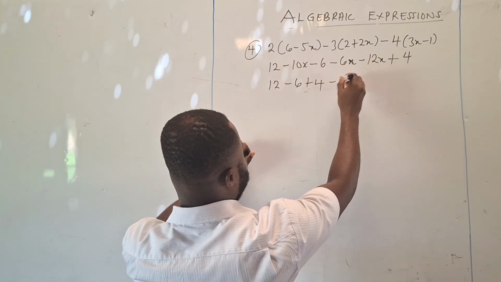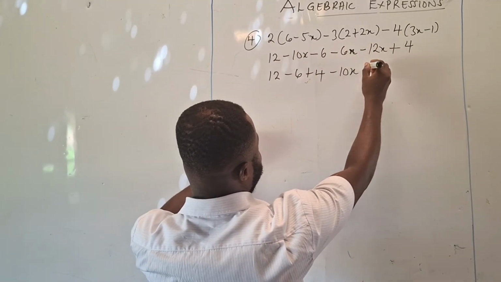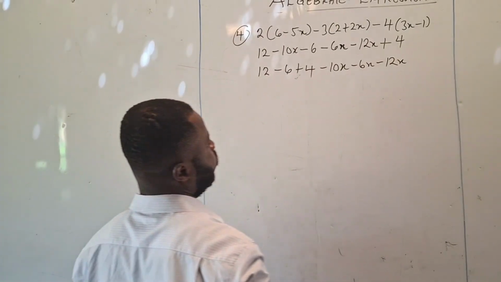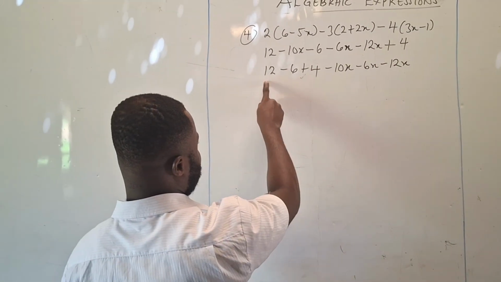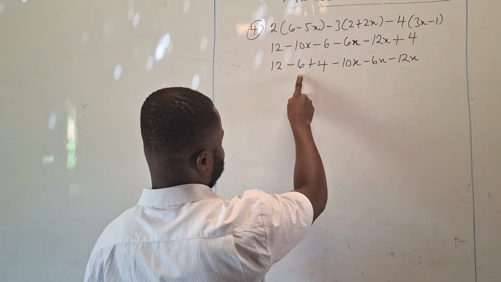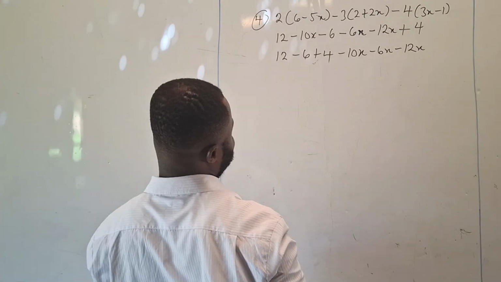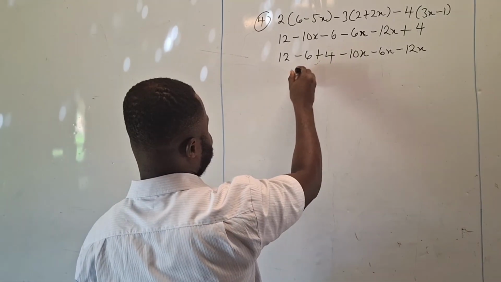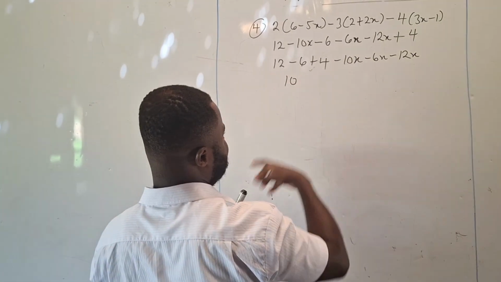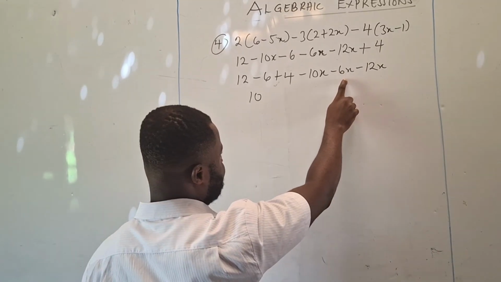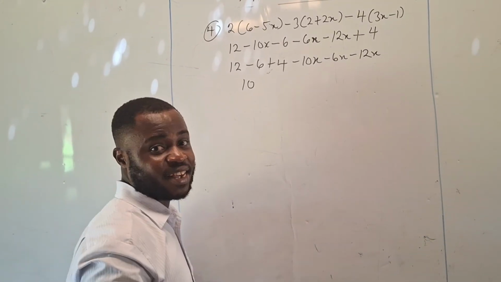Now we have minus 10x, then minus 6x, then minus 12x. We group like terms. 12 minus 6 is 6, plus 4, that is 10. So here will give us 10. Now, negative 10x minus 6x is going to give us negative 16x.